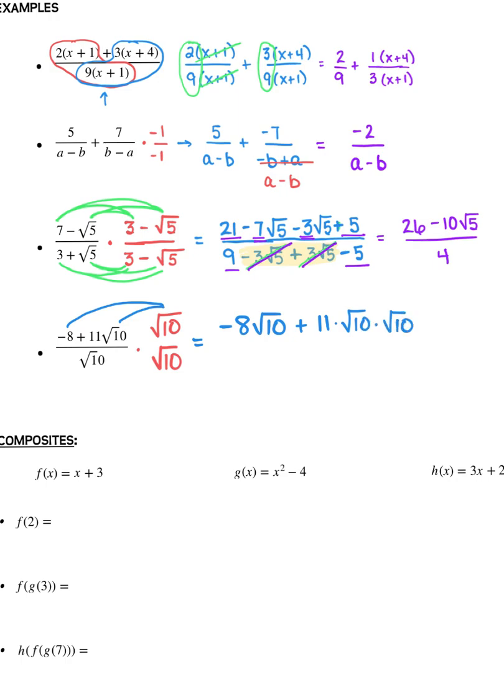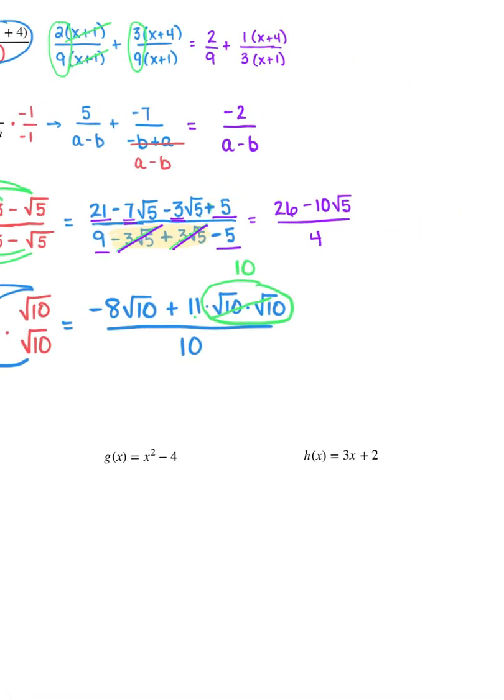And if you remember up above what we talked about, when I do this, square root of 10 times square root of 10, that really makes just a 10. Okay? So in a second, when I clean this up, I just want you to keep that in mind, that this is really like 11 times 10. On the bottom, when I do square root of 10 times square root of 10, that leaves me again with just a 10. So let's clean this up for a final answer here.